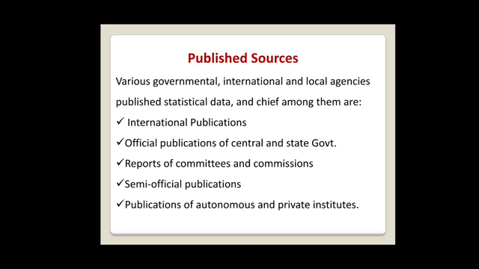Financial and economic journals such as Indian Economic Review, Reserve Bank of India Bulletin, Indian Finance, Economic and Political Weekly, Kurukshetra, Yojana. These are some of the journals from where we can get the secondary data.